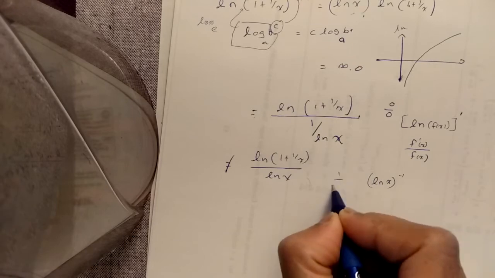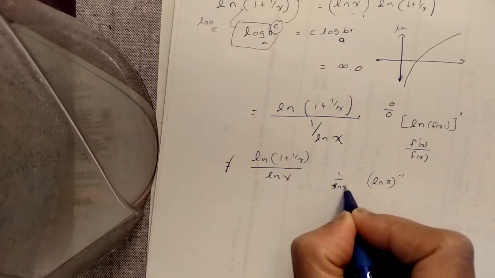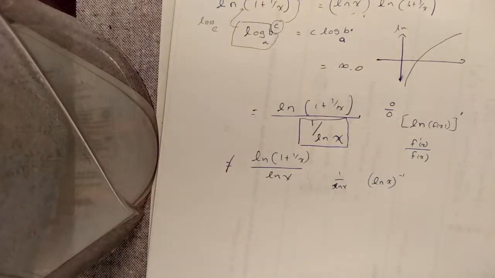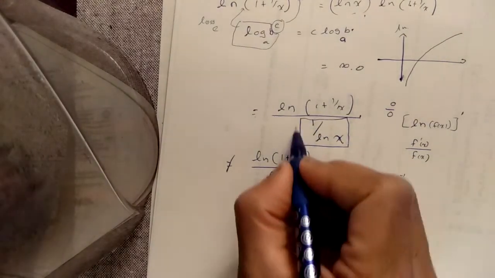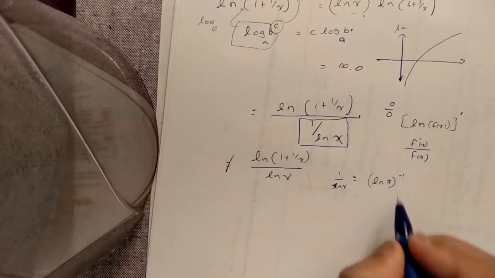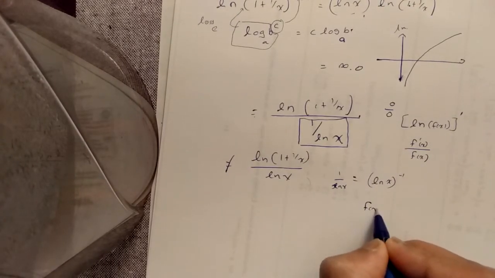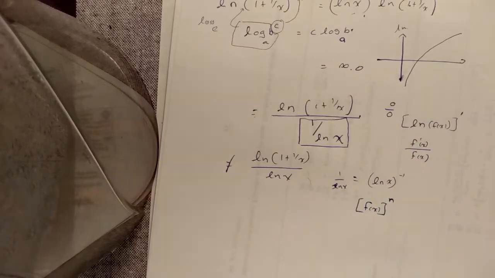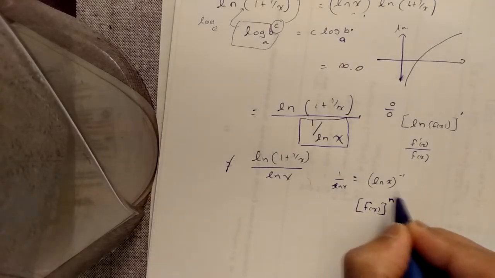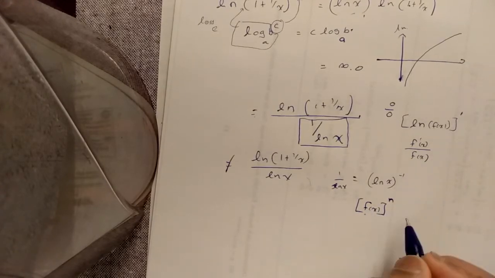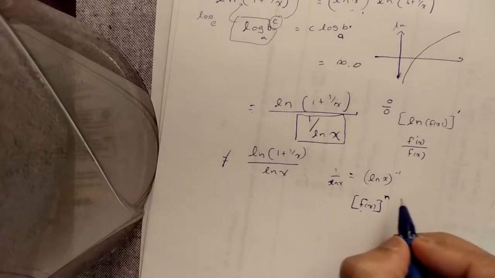The denominator was 1 over ln x. We should consider this whole term as the denominator, and we have to differentiate this whole term. So we can write it like this. In fact, in the general form, we can see this as a function of this particular format, f(x) raised to the power n.